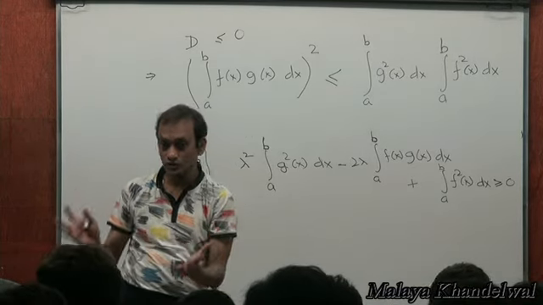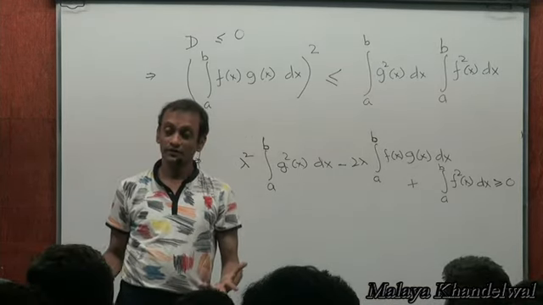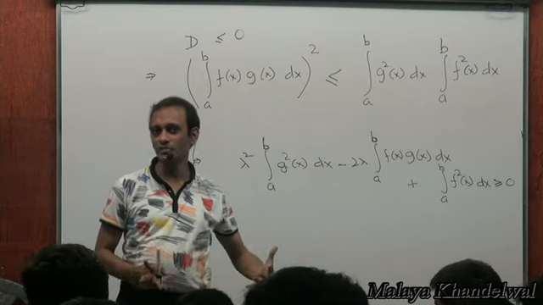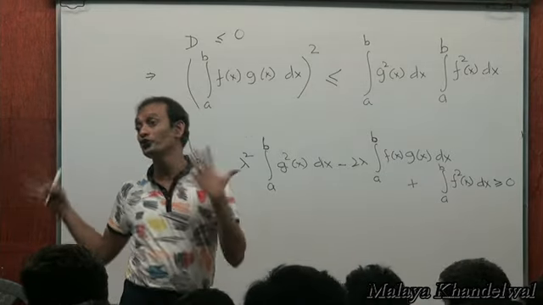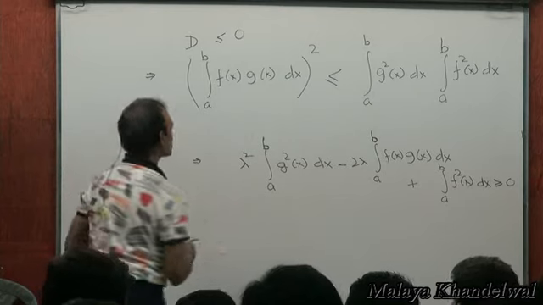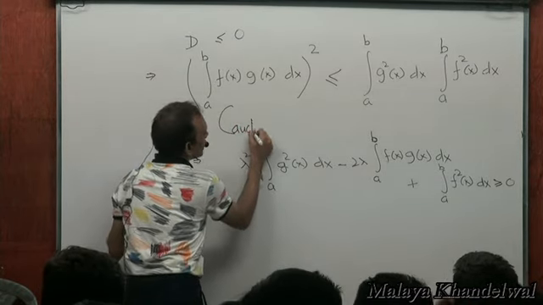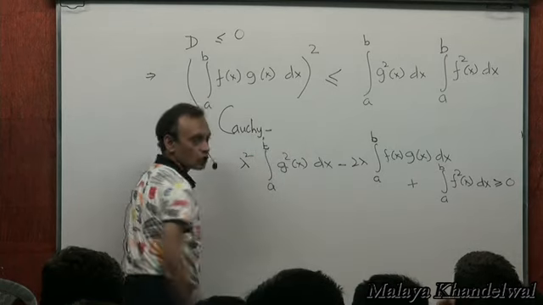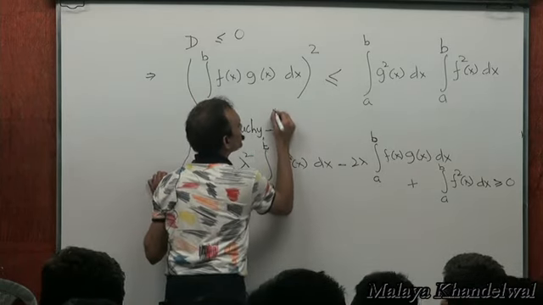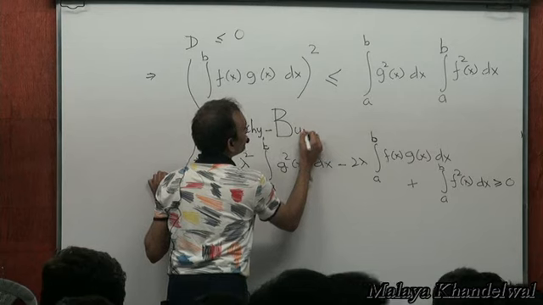Some Russian joker said, okay, let Cauchy be there. This joker was called Bunyavosky. Tongue twister. So he said, since it looks like Cauchy, I'll have Cauchy there, but let me also be there. Bunyavosky.